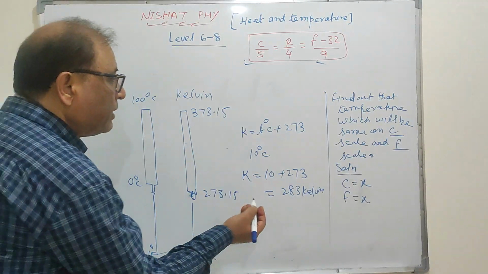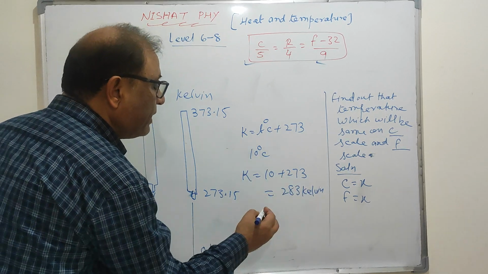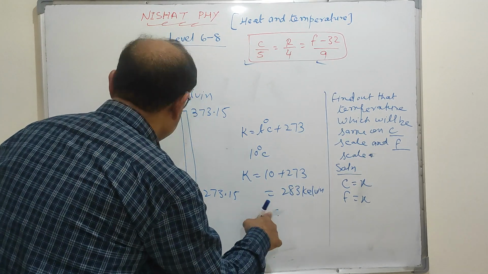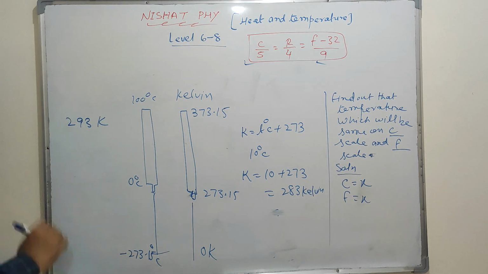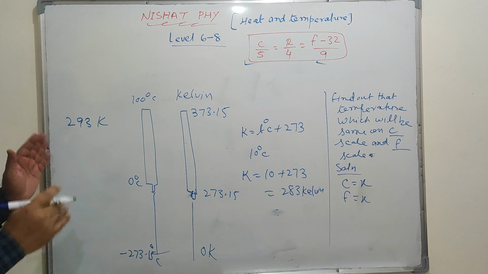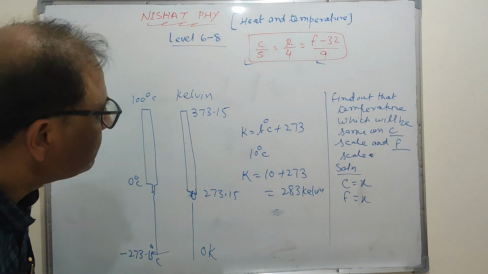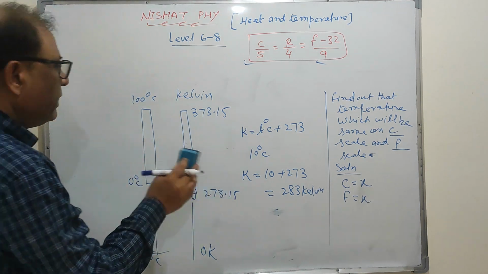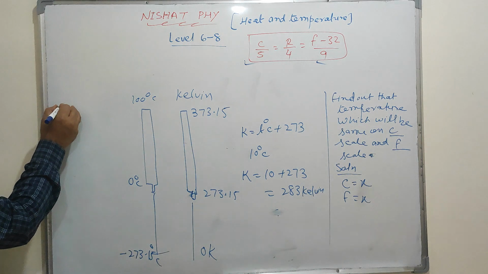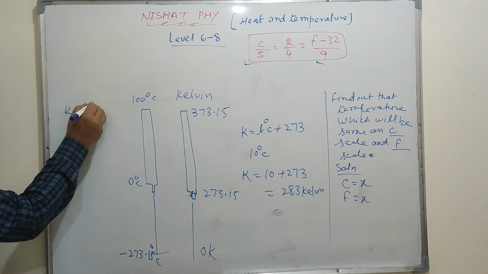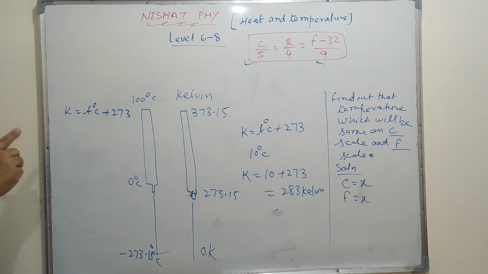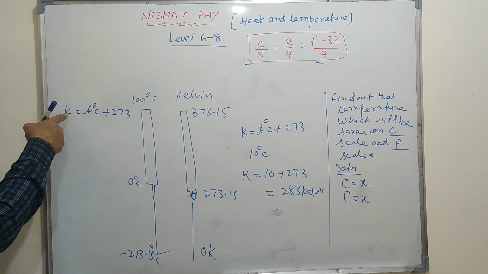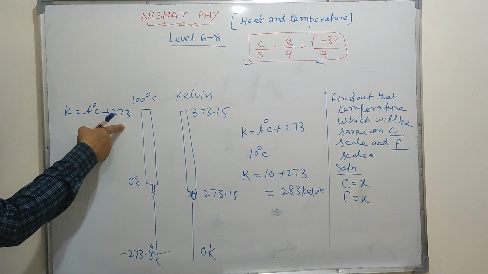But suppose that a number is given here, 293 Kelvin. Achha, one thing, I am making a relation, try to understand here. See this relation: K equals T degree C plus 273. If you want to find Kelvin, add 273.